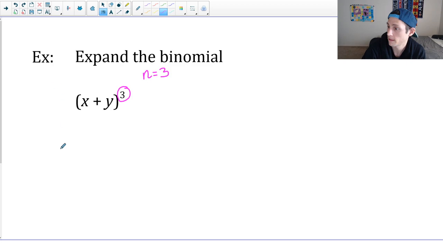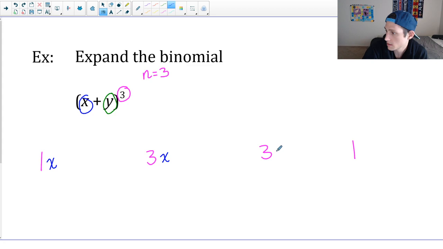Okay? So I'm just going to go ahead and put a 1, 3, 3, 1. Kind of space them out like that because I'm going to need to fill in. And now I'm going to look at this x and y. So every term is going to have an x on it: x, x, x, x.